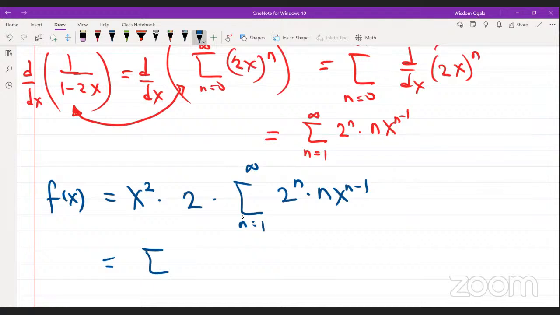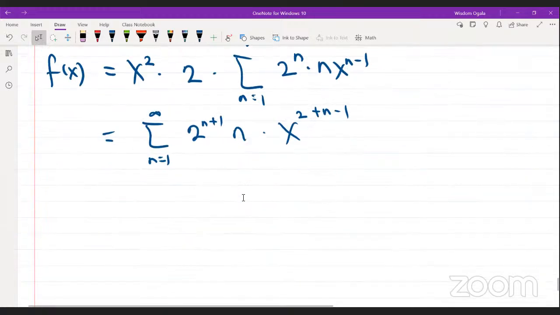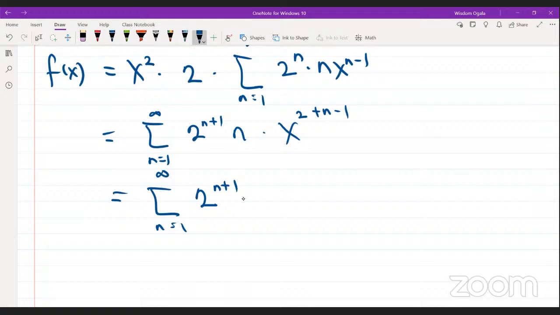All right, so this is 2 to the power of n plus 1, times x to the n plus 1. From 1 to infinity, this is 2 to the power of n plus 1 times n times x to the n plus 1.